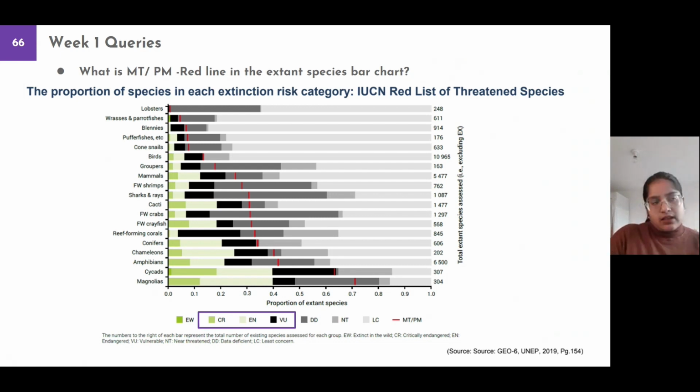So the IUCN makes an assumption in terms of what should be the percentage to be included. So the red line is basically based on that. In the case of cicadas, you could see that this data is not considered, and the line moves this much backward. So it's basically the proportion. The red line shows the proportion of existing species. Okay, I hope that answers your question.